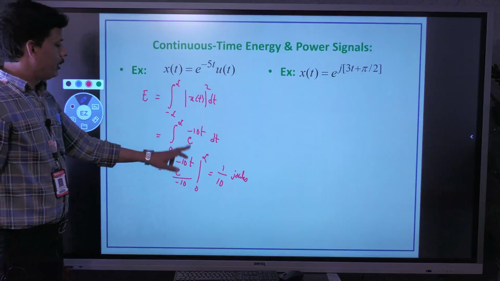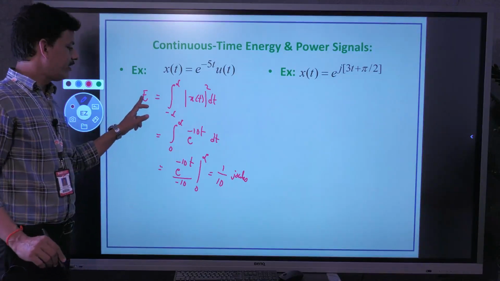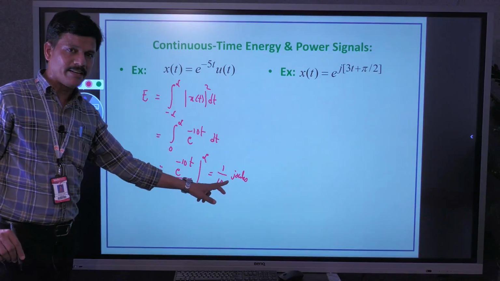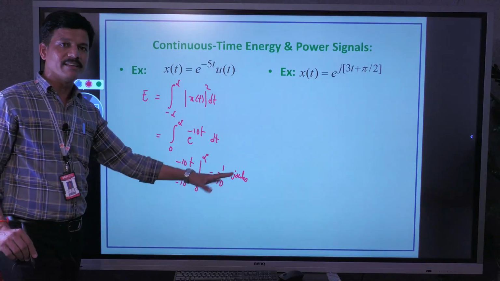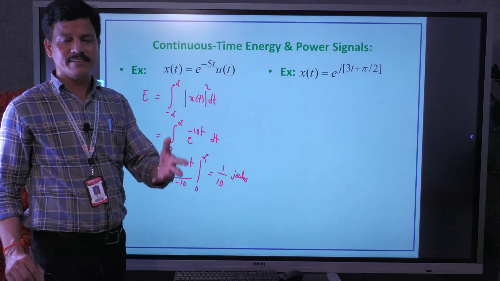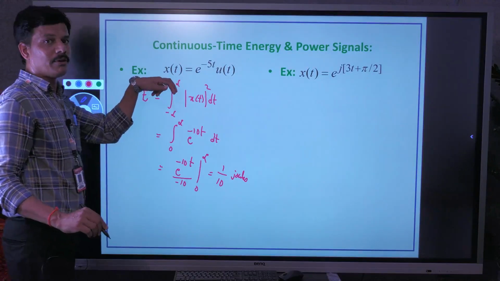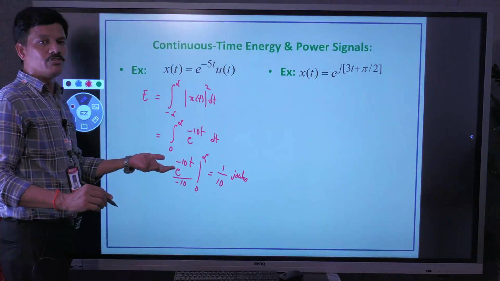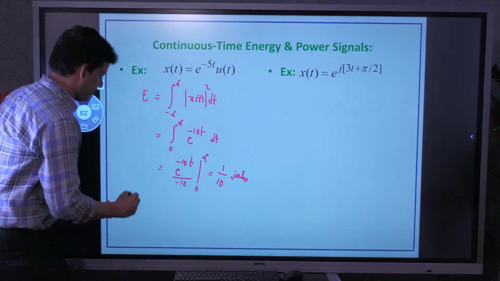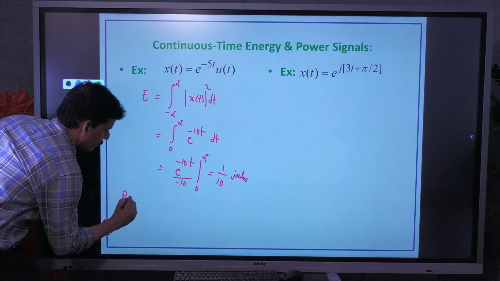As the total energy E is finite, 1 by 10 is a finite number, here itself we can say that the given signal is an energy signal. But we need to calculate the average power for this also, to check whether we get 0 or not. So calculate the average power P.